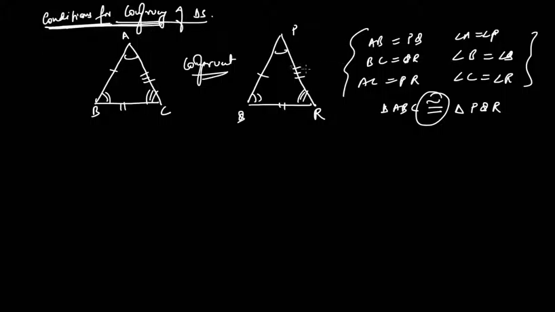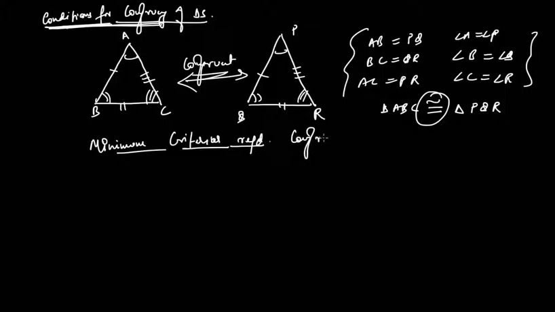This is an obvious thing, but we are looking for the minimum criteria required to make two triangles congruent. That is what we are focusing on.